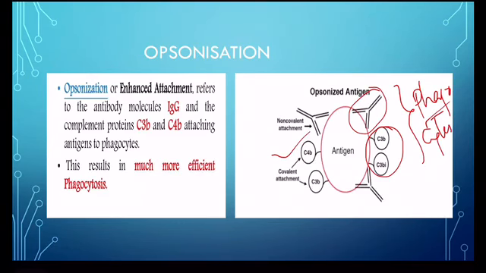In this process of killing, the antigenic fragments lead to antigenic peptides, which are presented with MHC2 present on the surface for the activation of T cells to activate the cell mediated immune response, that is the adaptive immune response.